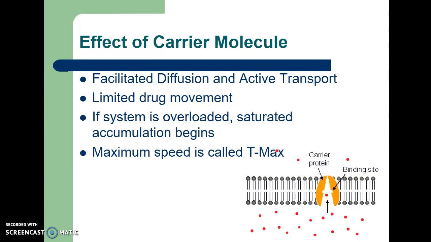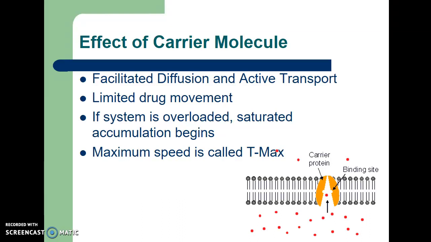It's a lot like a toll road where there are cars lined up across the highway. And if every single toll booth has a car in it, when you come up to it, it's going to be limited simply because there's only so many toll booths, or carrier molecules in our case.